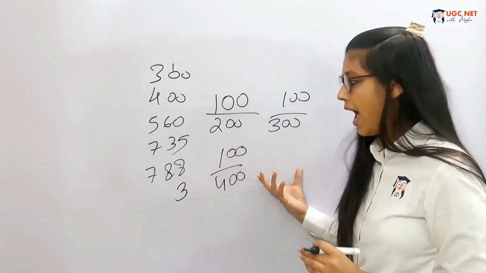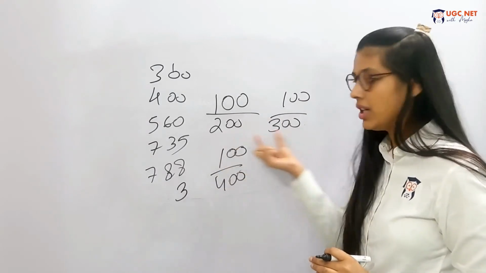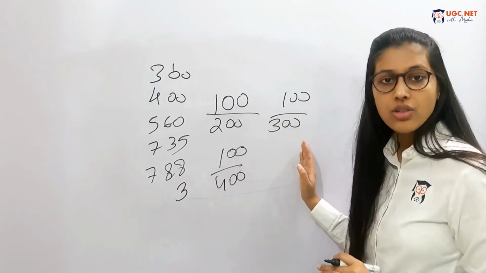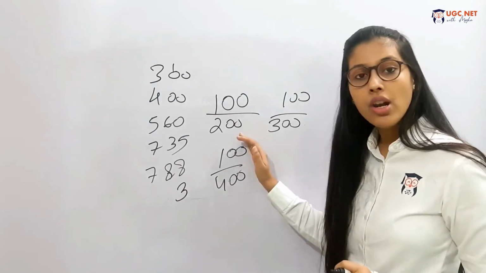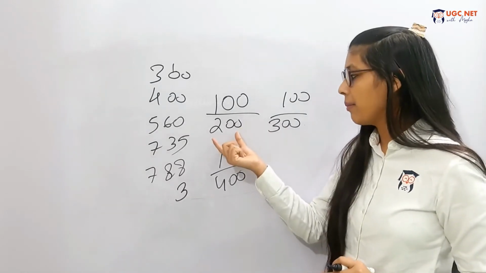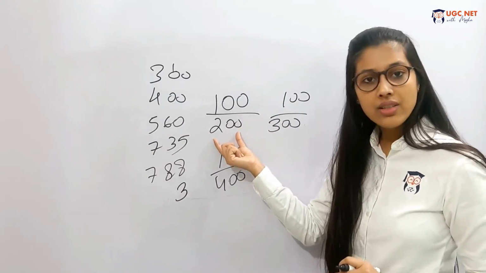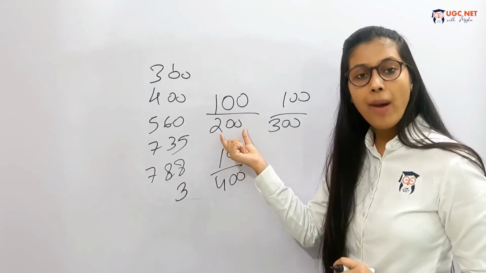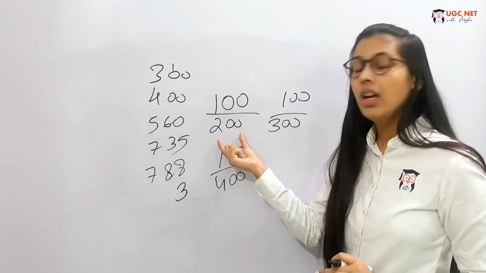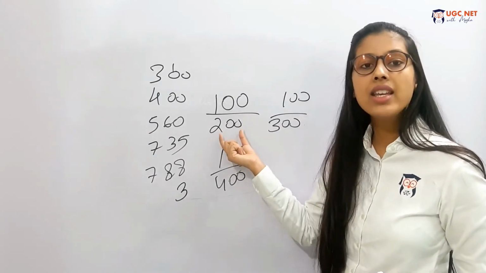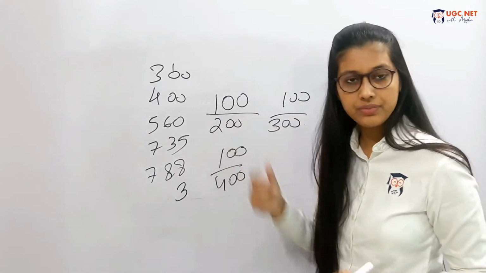So the denominator has changed for every year, but the numerator is constant. Keep in mind, the smaller the denominator, the larger would be the answer. So in this case 200 is the smallest denominator, so the largest answer would come from here itself, and you have to mark this year as the highest increase in sales year.